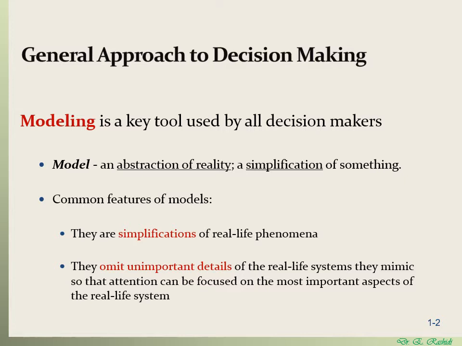For example, all models are a simplification of the real life phenomena or the system that they represent. So that means that there are some aspects of the real life system that are omitted and not considered or reflected in the model.